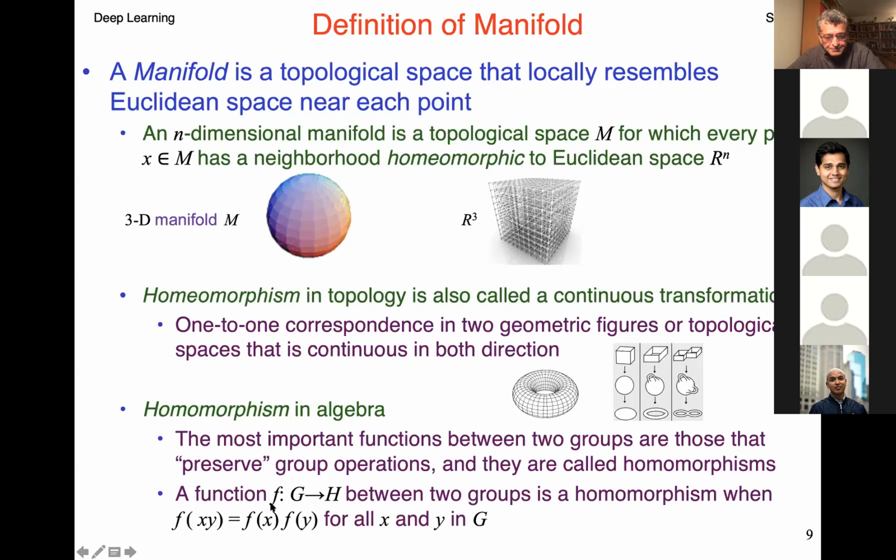So f maps the point x to H and maps y to H, and f of xy, this operation here, is equivalent to f of x times f of y. Then we say that the function f between two groups is a homomorphism. So it preserves that operation.